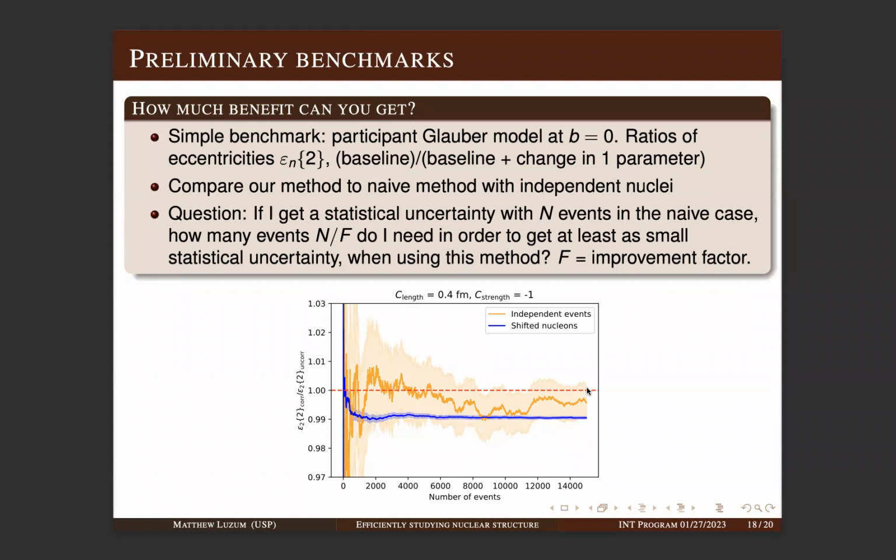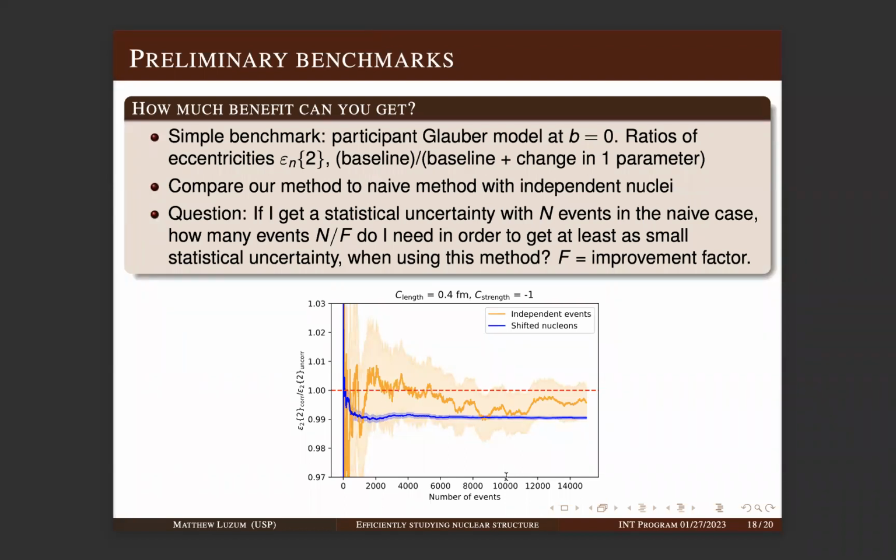Why is the error lopsided? Why does the independent method approach the blue line not symmetrically from both sides? It's because when I go from 10,000 events to 10,001 events, I didn't start from scratch and generate 10,001 new events.